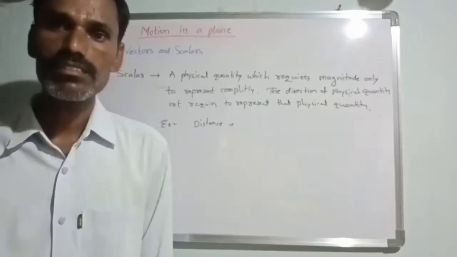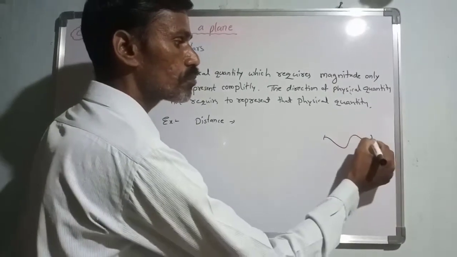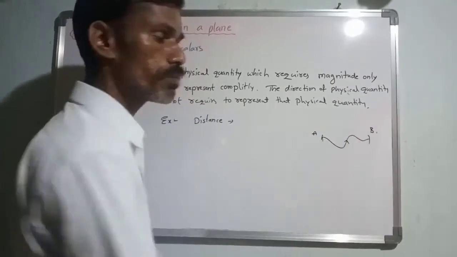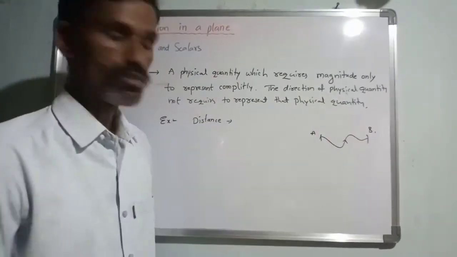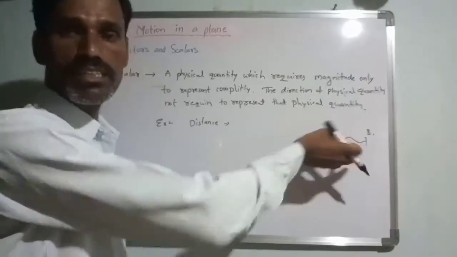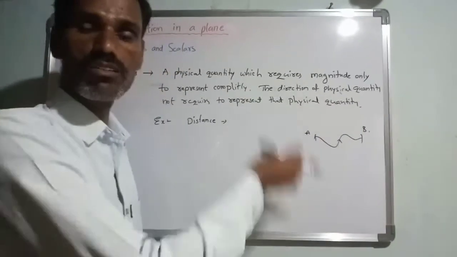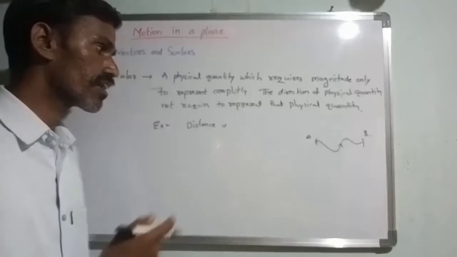What is distance? Distance is the total path followed by the object between two points. Here we do not mention in which direction he moves, so we do not consider direction. That's why distance is a scalar quantity.